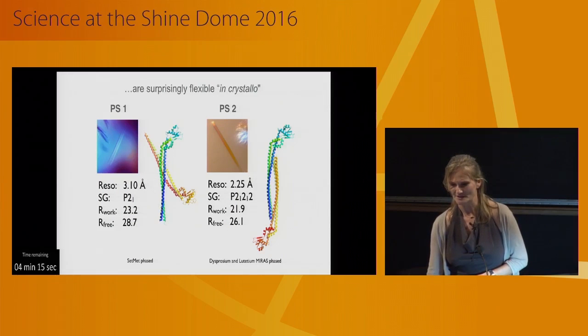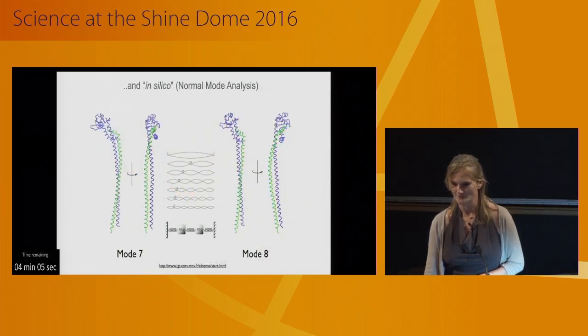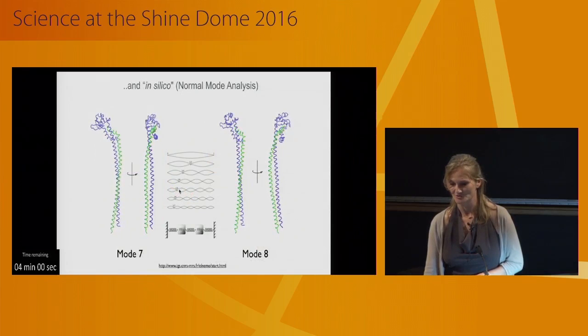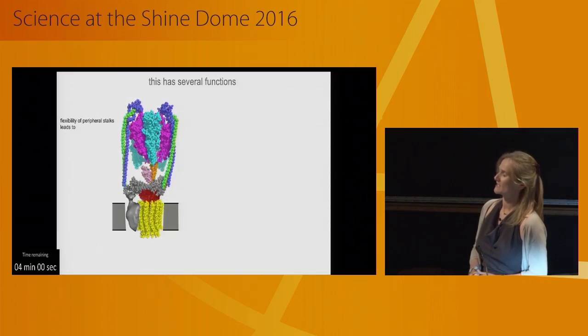So the longer part here shows a bend, if you can see that from far. So these seemingly stable scaffold proteins are, in fact, quite flexible, and we could confirm that by normal mode analysis on a computer.